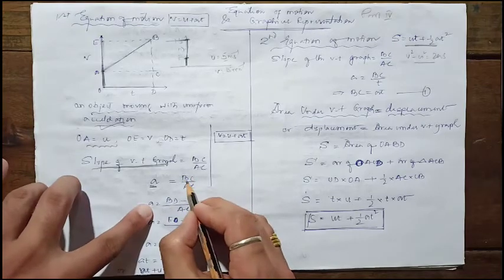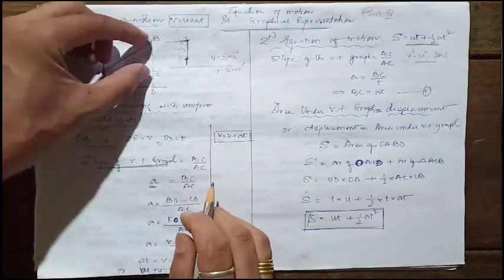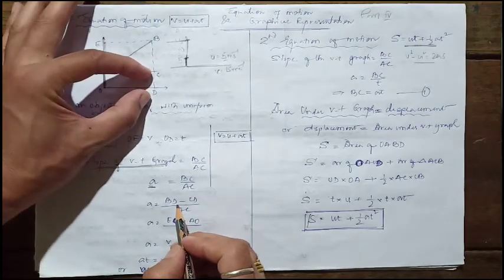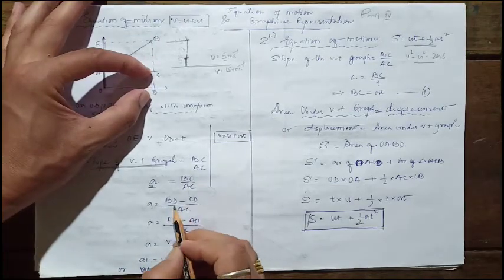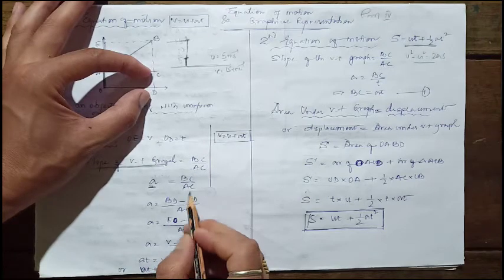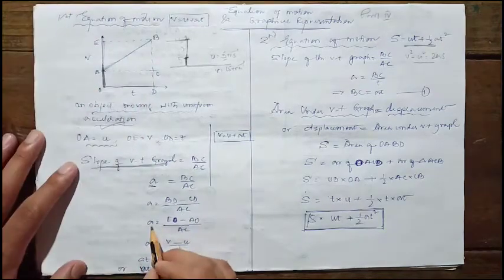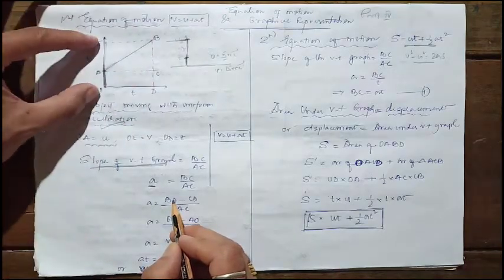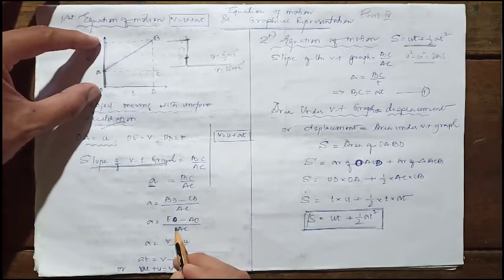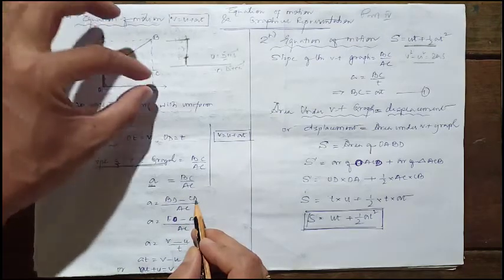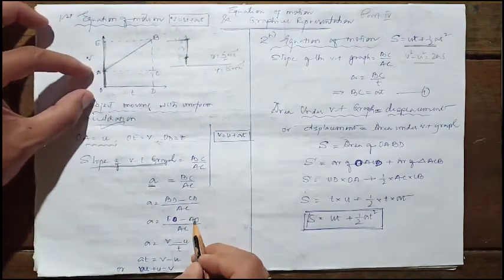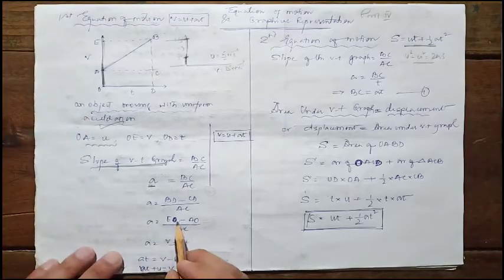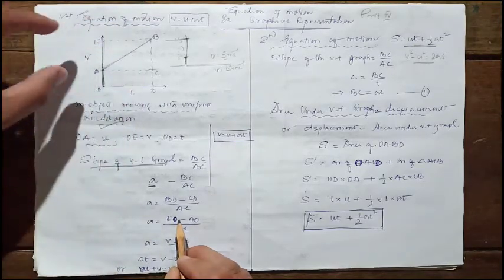Now this BC, from this diagram, can be calculated as BD minus CD, divided by AC. So a = (BD − CD)/AC. BD can be replaced by EO, and CD can be replaced by AO, divided by AC. Now, students, what is EO?